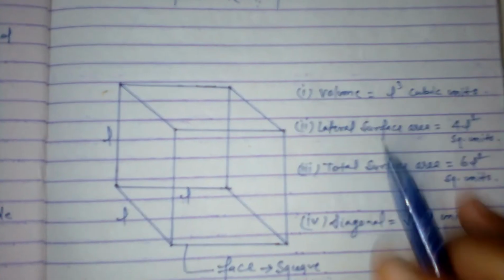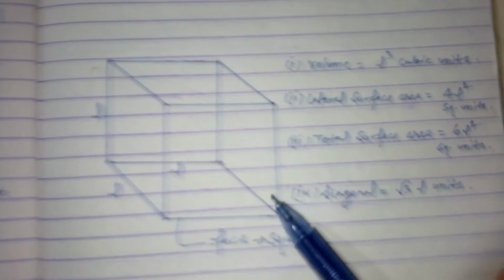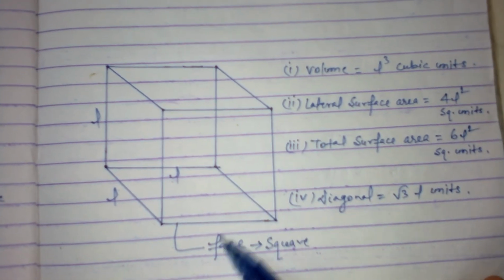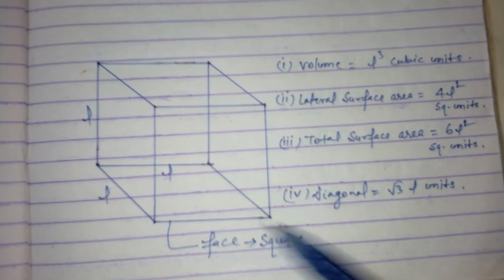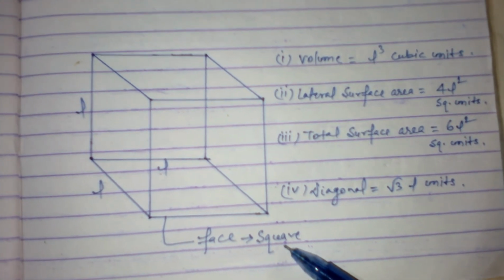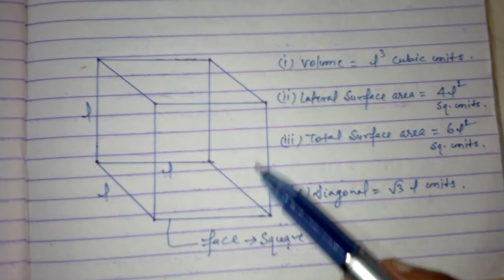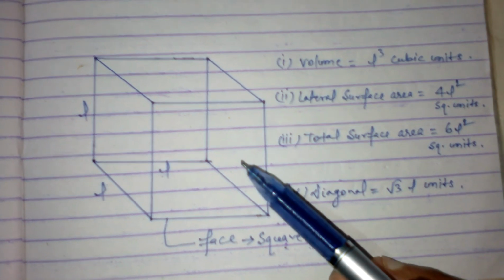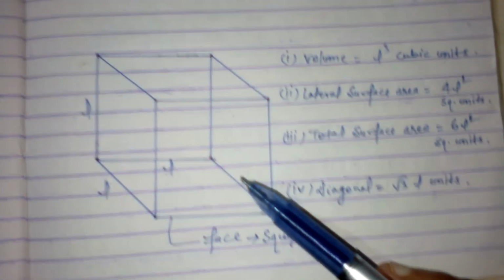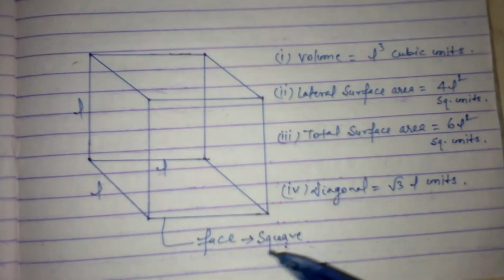Second one, cube. In a cube, each one of the faces is a square. The difference between cube and cuboid: in a cuboid the faces are rectangles, in a cube the faces are squares.